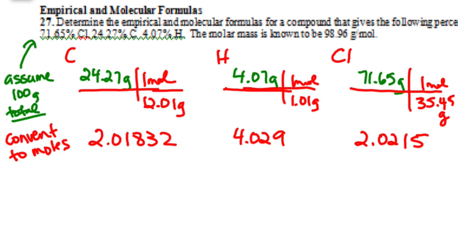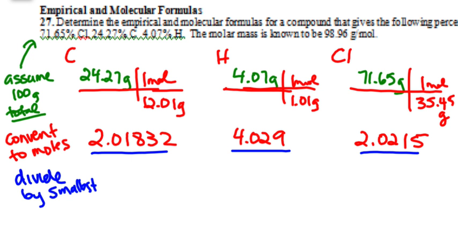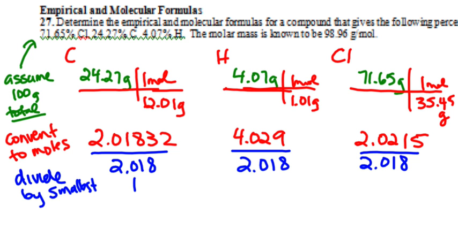So what would be the thing to do? Exactly. Divide by the smallest. All right, so my smallest looks to be 2.018. All right, 2.018 is my smallest, so that gives me a 1 here.